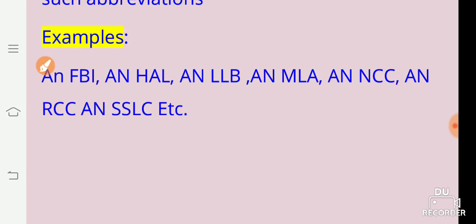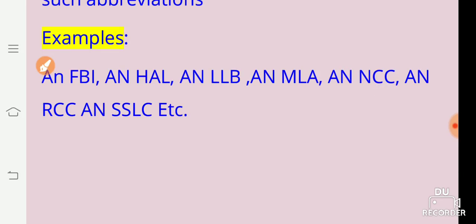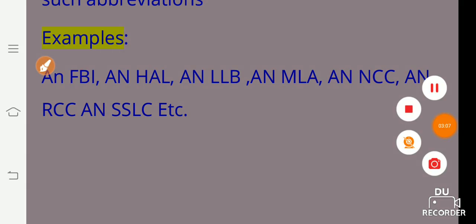Then we have to use the vowel article an. So let us continue: an MLA, an NCC, an RCC, an SSLC student, something like that. It has to be continued like this. Friends, this is how we can have a lot of examples and exercises to be perfect in the usage of articles. Thank you. Have a nice day.